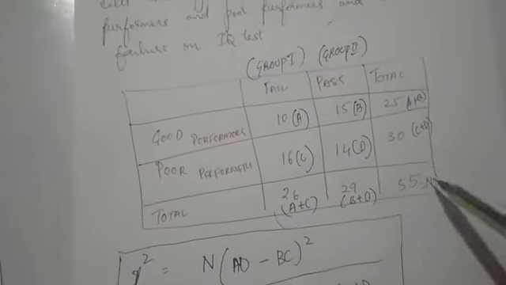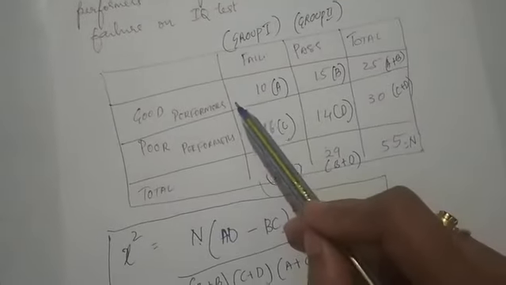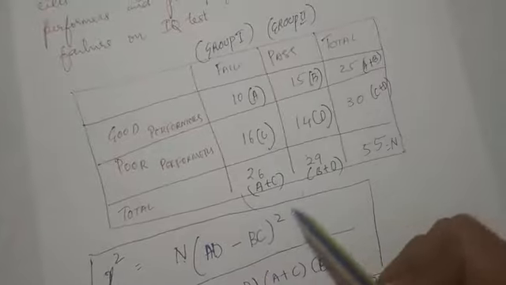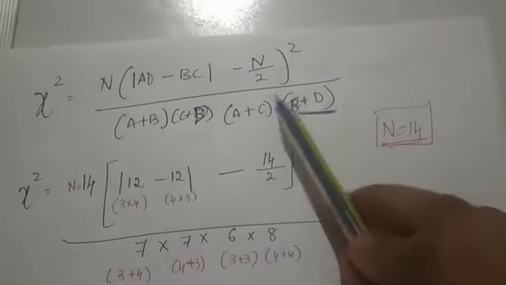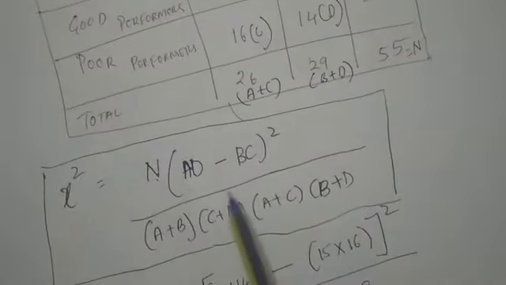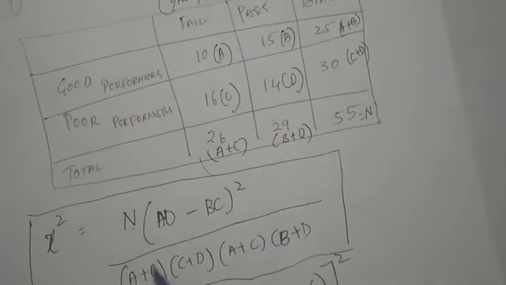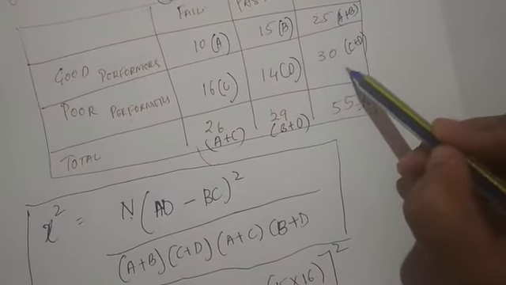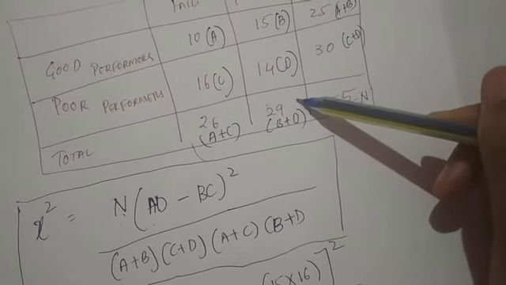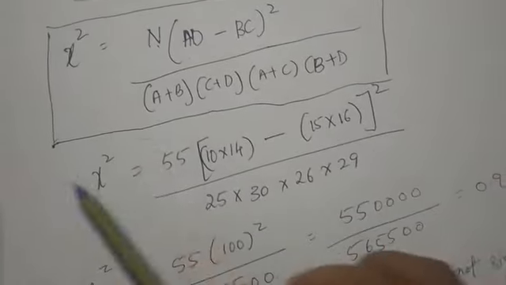So the formula is n into AD minus BC whole square. Earlier we had one difference, that is minus n by 2, because the numbers within the quadrant were less than 5. In the denominator everything is the same: A plus B into C plus D into A plus C into B plus D. So substitute the values.